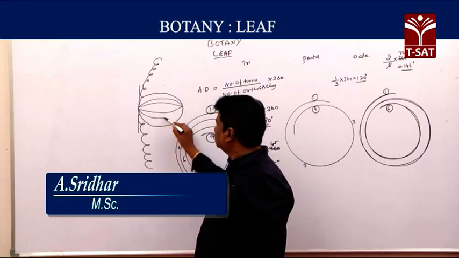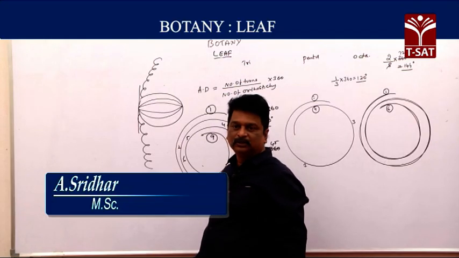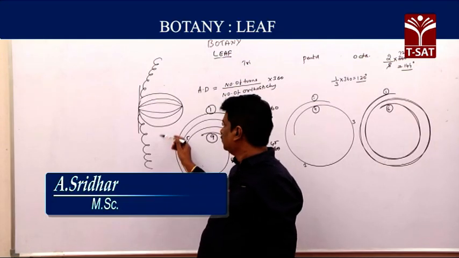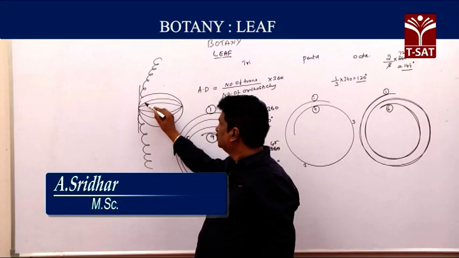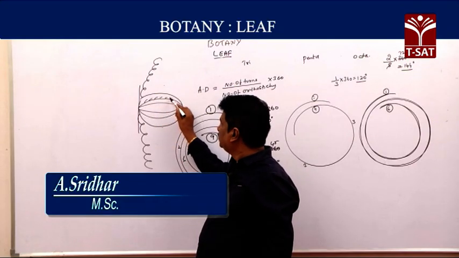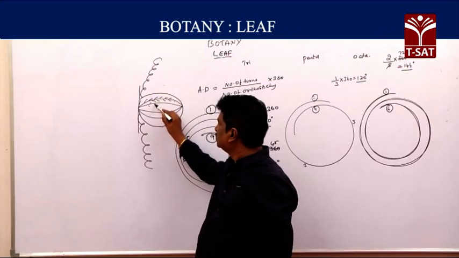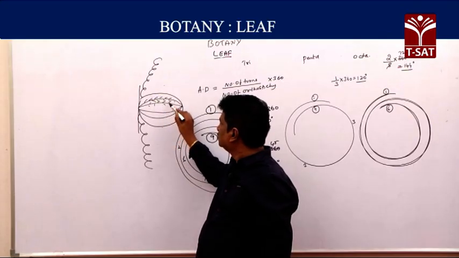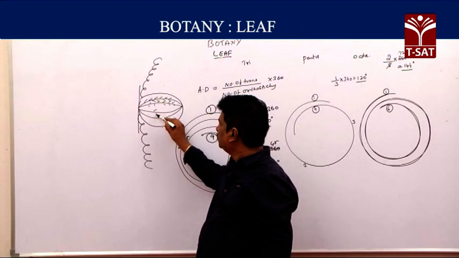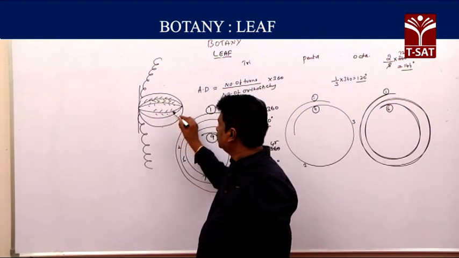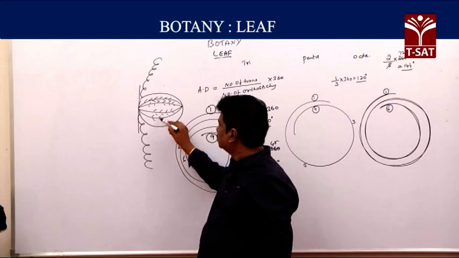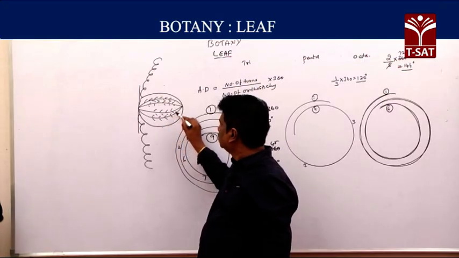In detail, the venation is reticulate, but the leaf lamina is unlobed, and it has several midribs, and all those midribs converge at the apex, so it is called multicostate reticulate convergent venation.